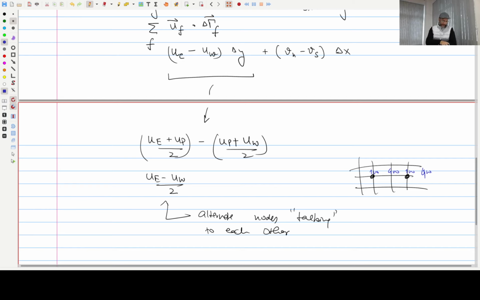Now again, this only happens if you have a 1D problem, because in 1D you have du by dx equal to 0. But here you also have this plus this term, that should be 0. So my discussion of this difference being 0 is only valid for a 1D case. But here, this difference plus the difference in the y velocity, which is at alternate nodes, has to be 0.